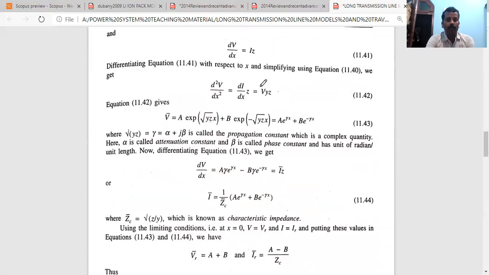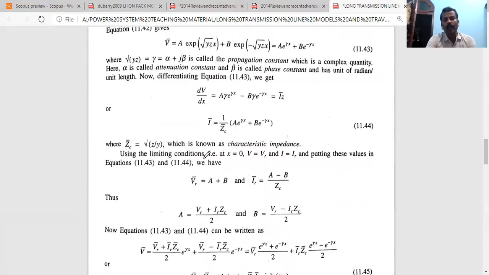Now equation 11.4 can be written in exponential form: A exponential root YZ plus B exponential minus root YZ. This is again written as e to the power gamma x, where gamma is the root YZ, plus B e to the power minus gamma x.